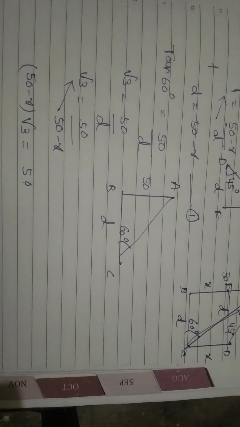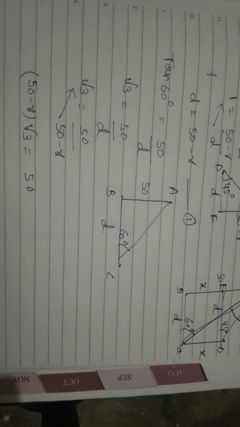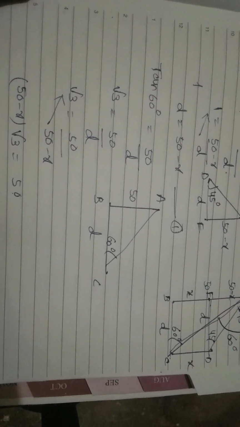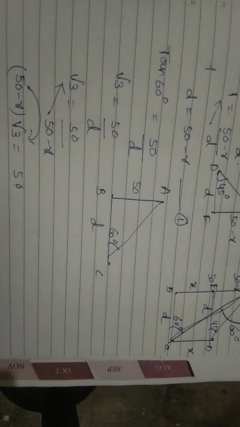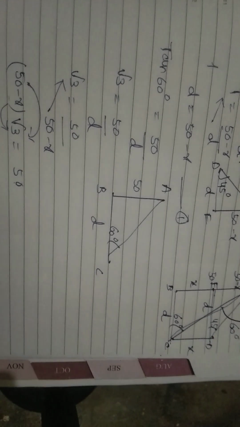Now actually what we need to find is the height of the building. What is the height of the building? x we have to find, right? 50 into root 3, 50 root 3 minus root 3 into x, root 3x is equal to 50.